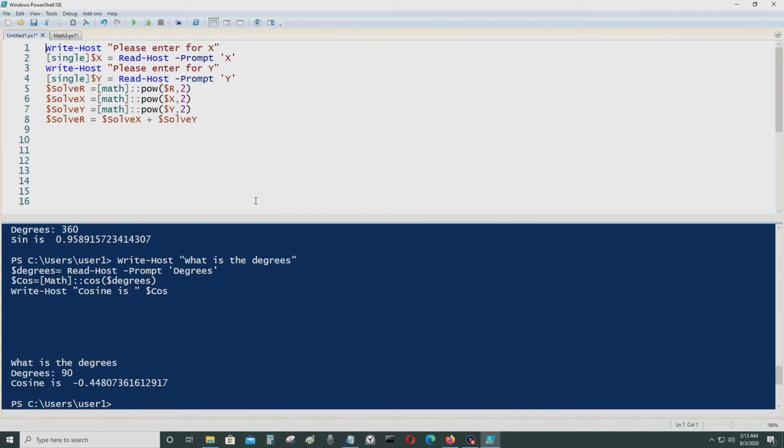Forget about R. We'll be solving for R. R squared equals x squared plus y squared, okay?